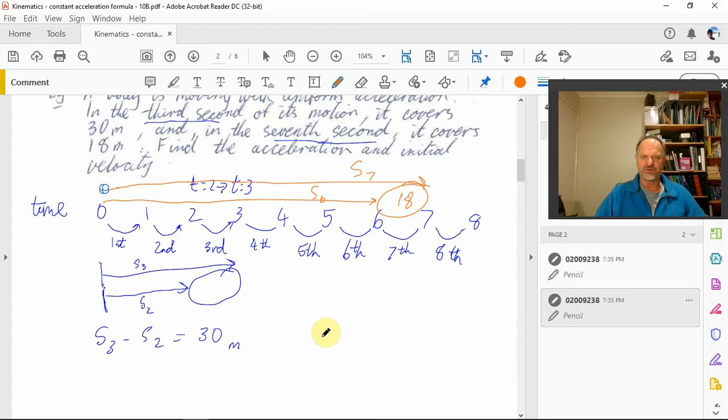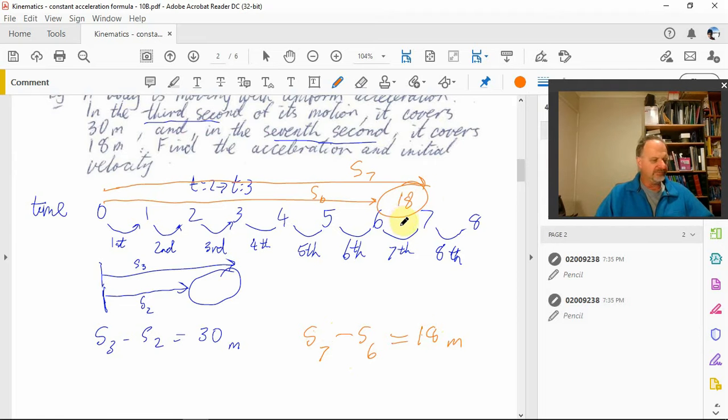So again, we've got to do the same kind of thing. Distance travelled in 7 seconds minus the distance travelled in 6 seconds is equal to that 18 metres that it travelled between t equals 6 and t equals 7.